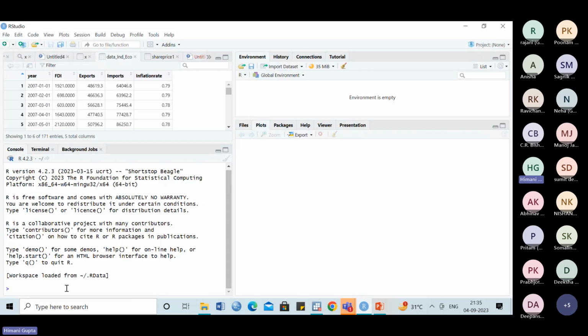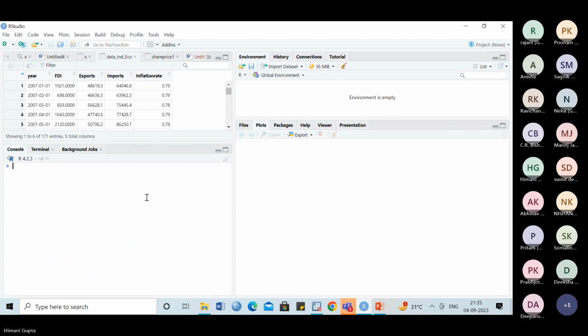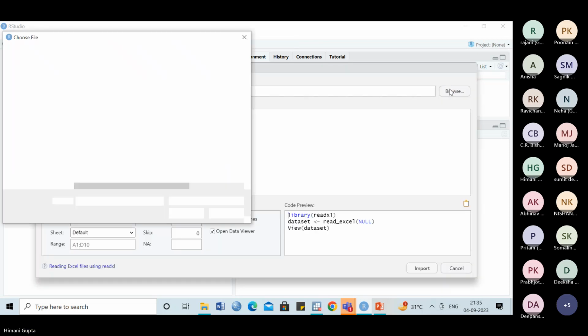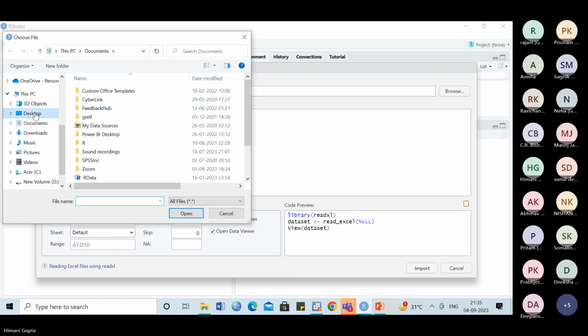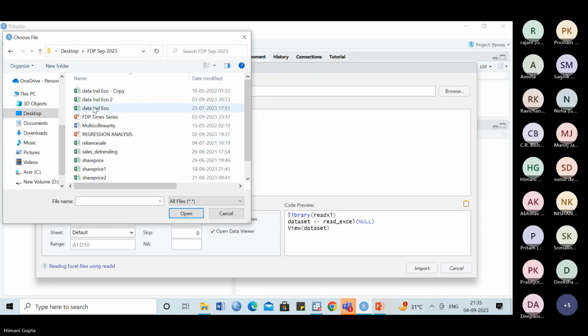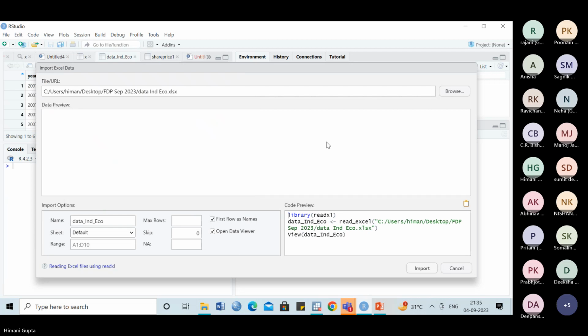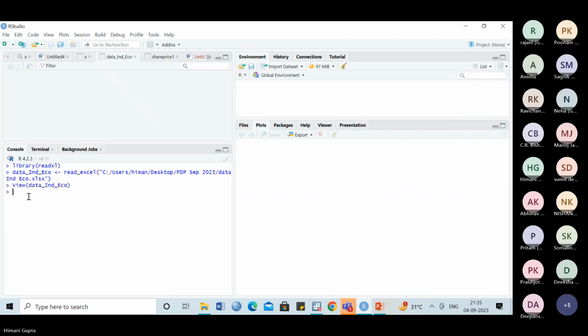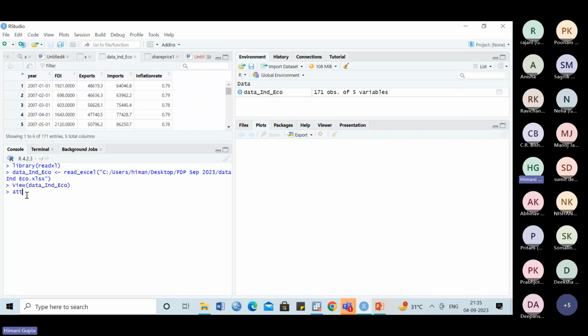Are you able to see my R? Yes, ma'am. Okay, import the data set. Now attach it.